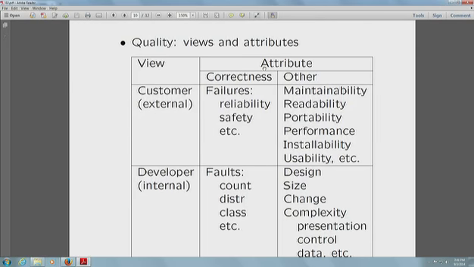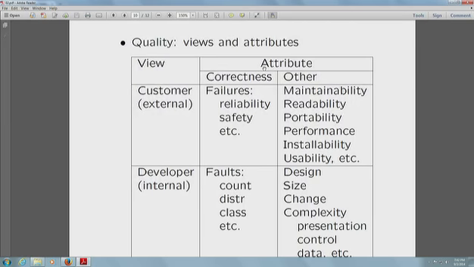When you look at quality, you can look at it from different views or perspectives, and at different elements or attributes. From the views and perspectives, we will look at both the customer, external, user view, and also the internal developer, tester, and internal company view.